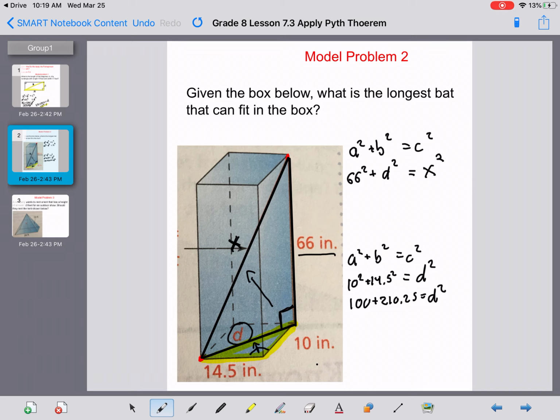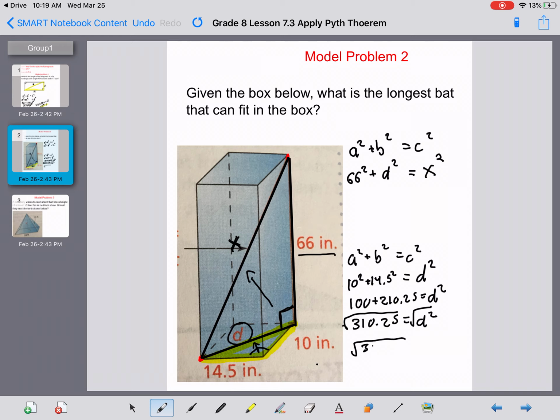100 plus 210.25 is equal to 310.25 equals D squared. Now I can take the square root of both sides. When I take the square root of 310.25, I get some long decimal.